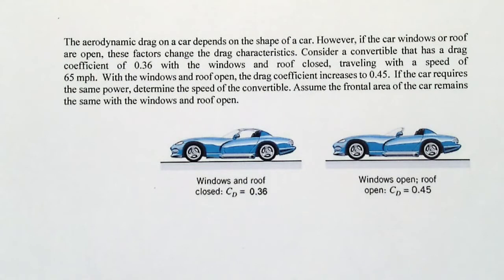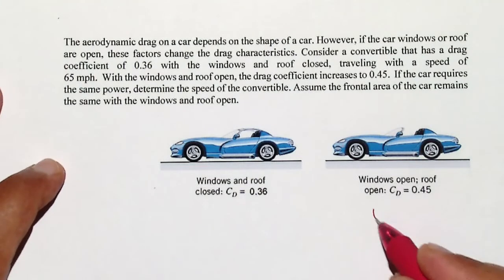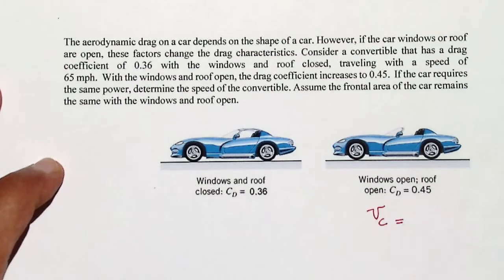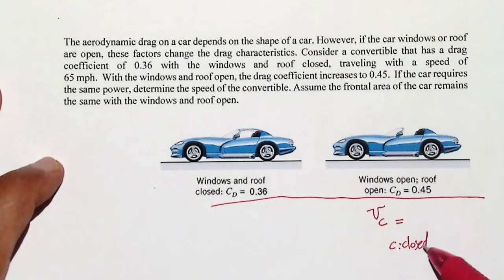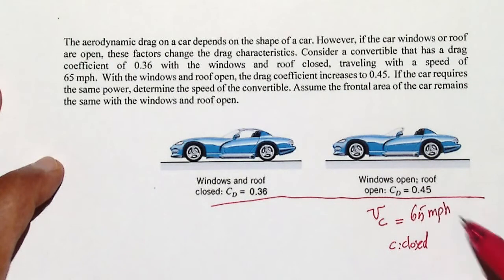We'll write it down here as U_C, which is the velocity for the closed one, and C shows that it's closed. So I'll write it down as an input: U_C is 65 miles per hour, right?